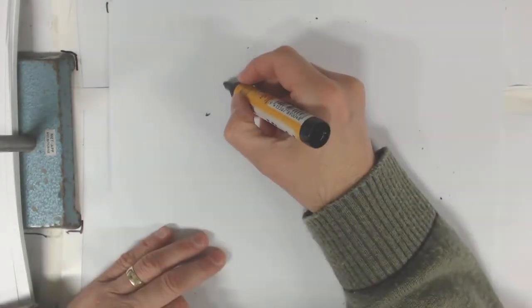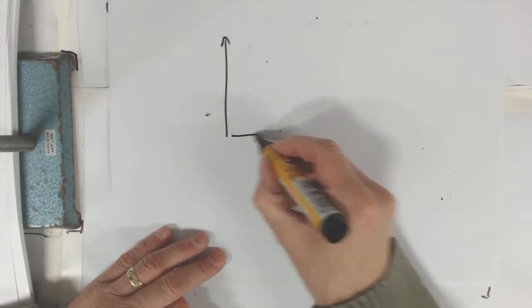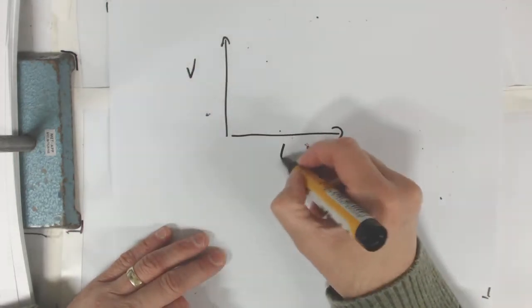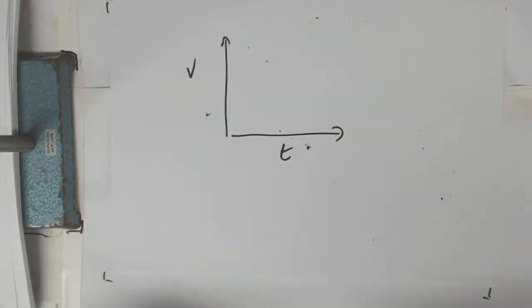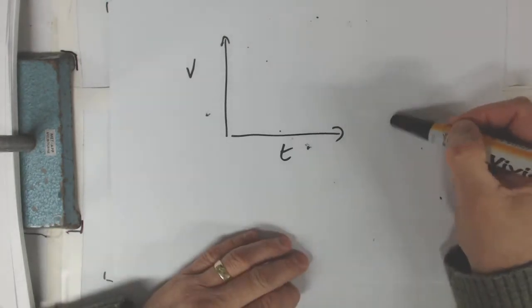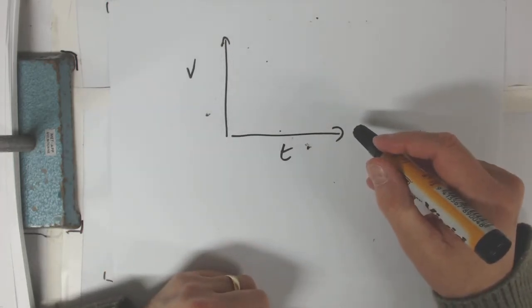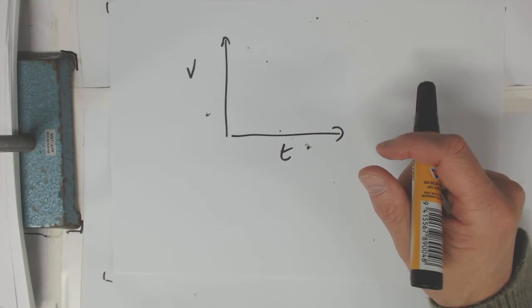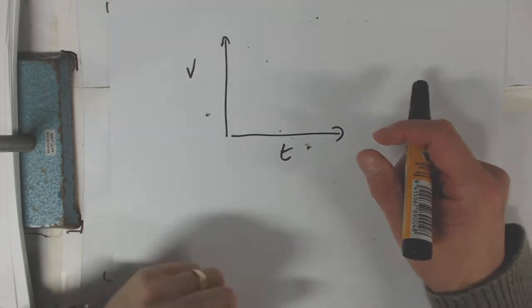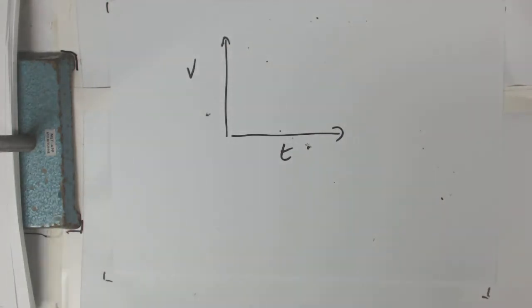Now with VT graphs, there were a couple of things we needed to remember. Again, you could have positive and negative velocity, maybe up is positive, down negative. If positive displacement is up and negative is down, then a positive velocity means that you're going in the positive direction, right? Up, if that's the way you rated it.